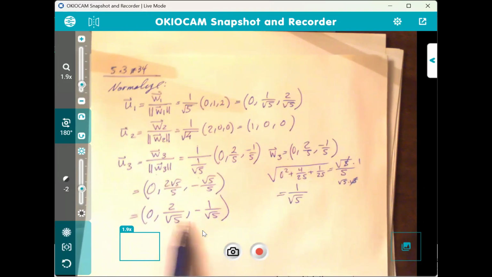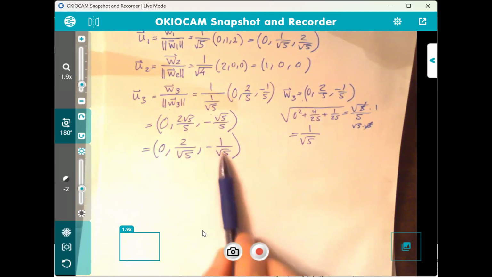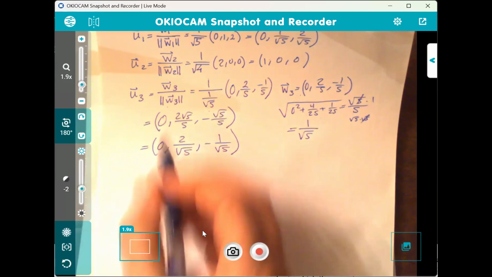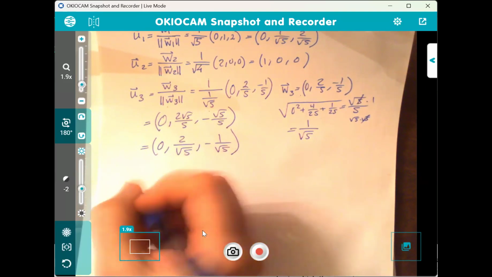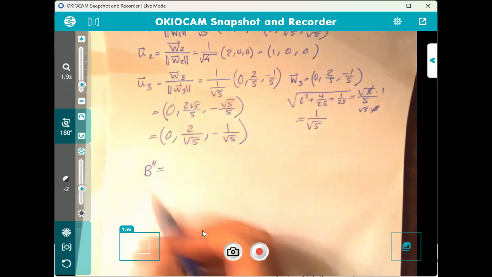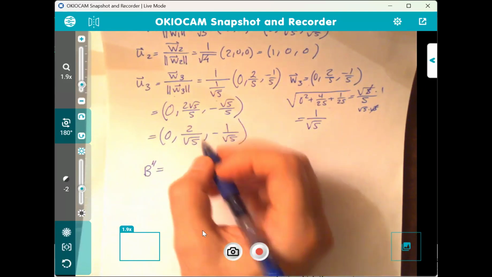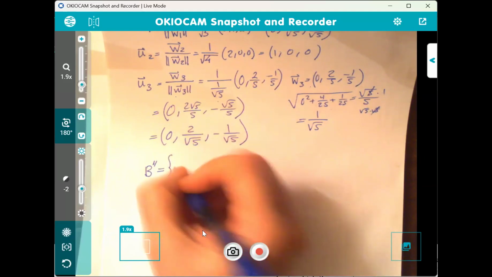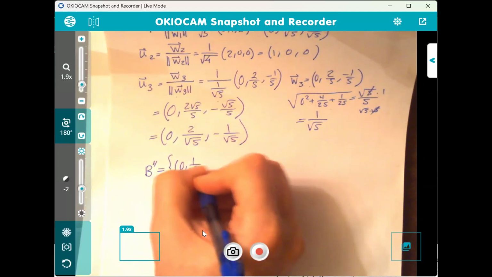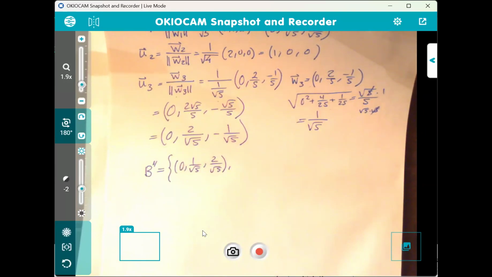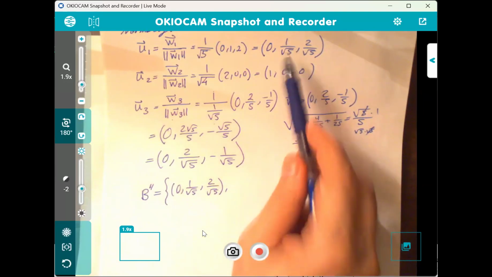It's okay that it's not rationalized. So the magnitude of this vector is going to be 1. Now remember, before we had B prime. So this one, the final answer, is B double prime. This is now the orthonormal set. So we go U1, 0, 1 over root 5, 2 over root 5. The first vector, right? This one.